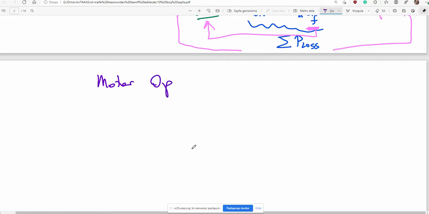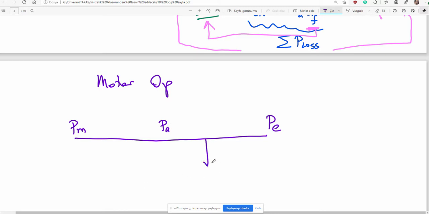Here you see that was the main energy corridor or artery. Here is the mechanical side, here is the electrical side. Just in the mid, there is armature or converted power. Somewhere here, copper loss in armature. Somewhere here, mechanical losses.